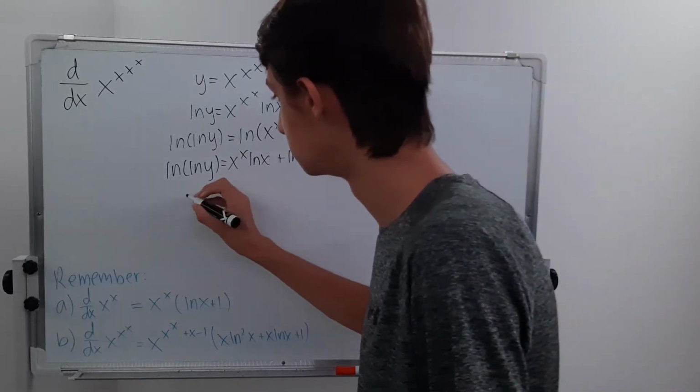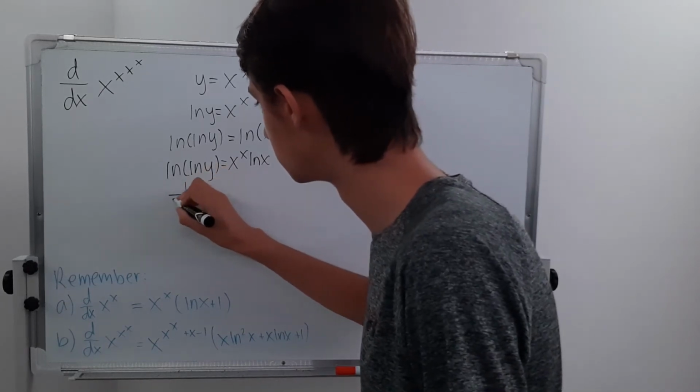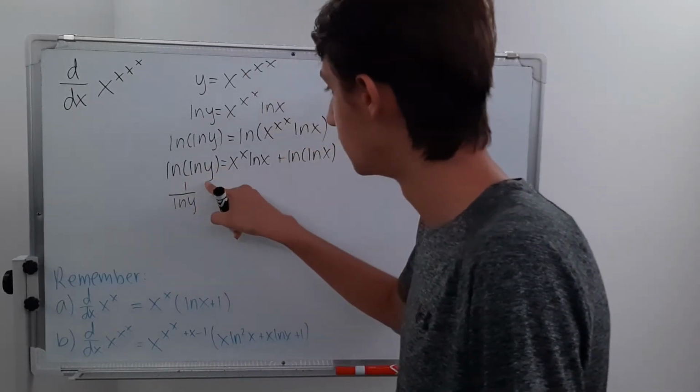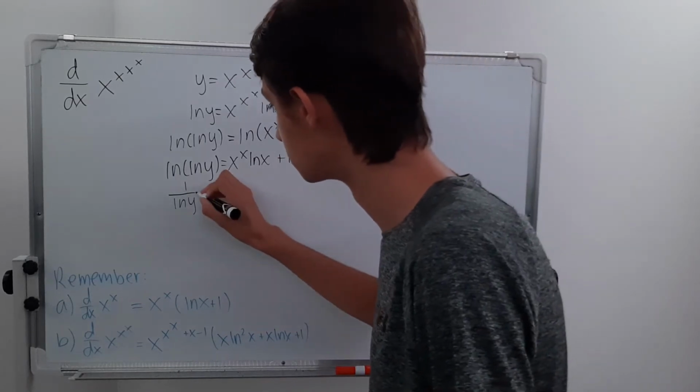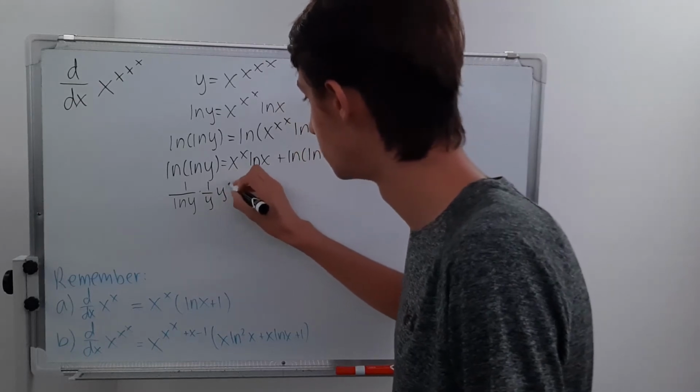So this is going to use the chain rule pretty much twice. So this is 1 over ln y, and then times the derivative of the inside, which is 1 over y, and then y prime.